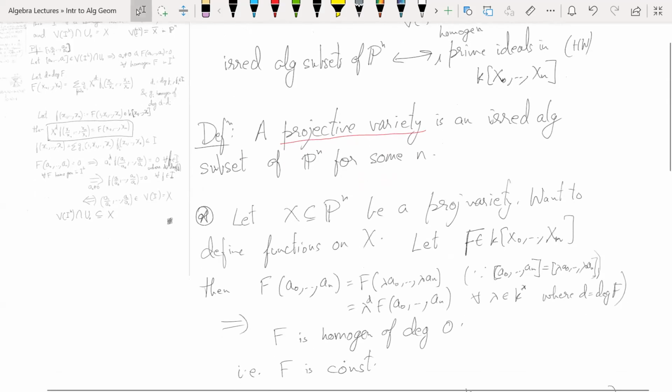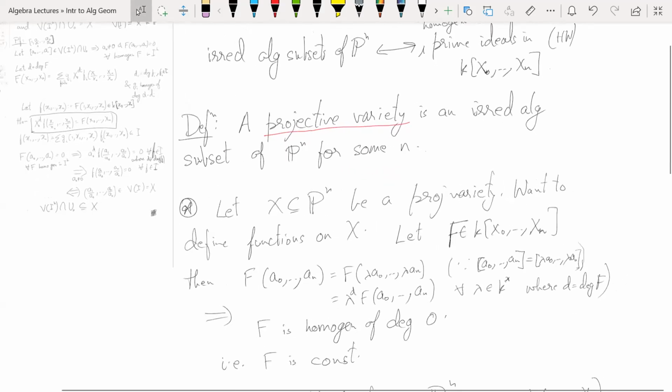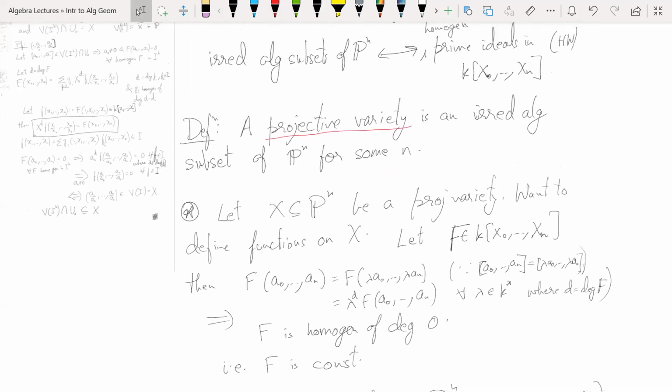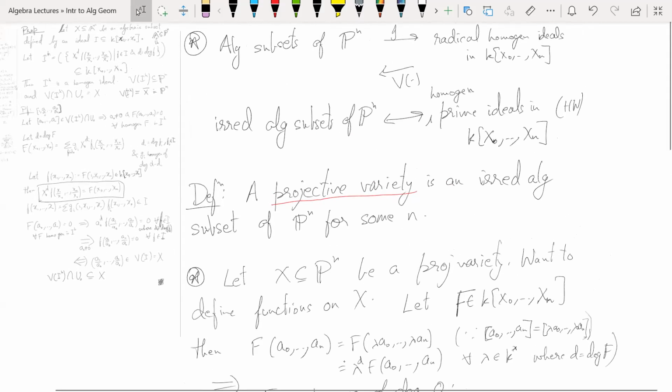There are many things which don't work; it's not completely parallel. One thing to remember is that affine varieties are more or less determined by their coordinate rings. If the coordinate rings of two affine varieties are isomorphic, then the two varieties are isomorphic.